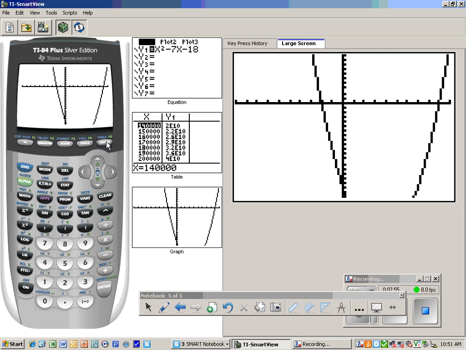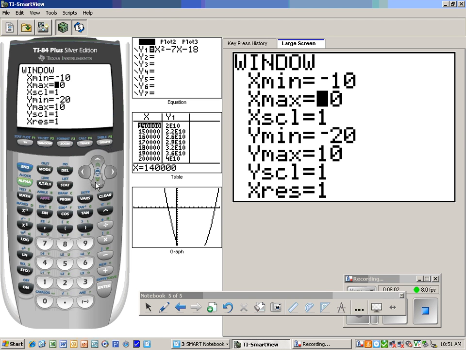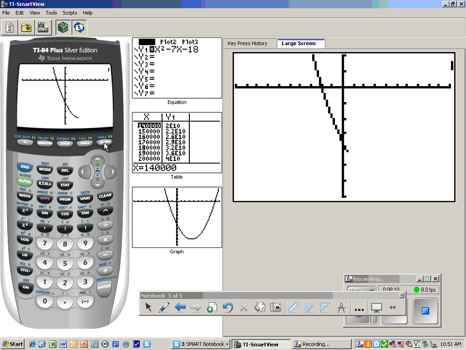Let's try -35 for Ymin, and I'll scale the y-axis by 5. There we go. The whole graph is shown. I can see that the vertex is about -30 for Y and somewhere between 3 and 4 for X.